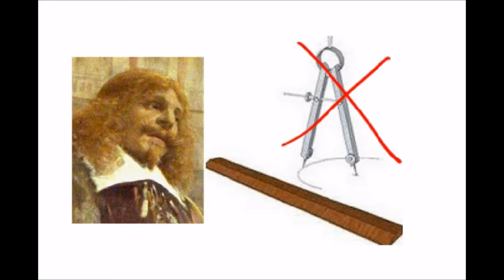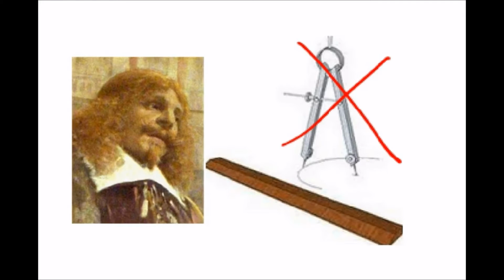So at this time, people were starting to think about perspective drawing. They were starting to think about how you can represent these different 3D objects as 2D pictures. And also, they were starting to think about the mathematics behind that.